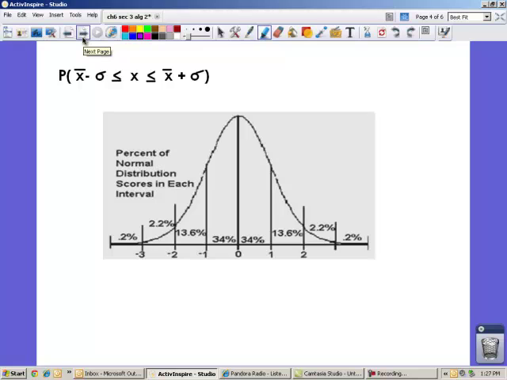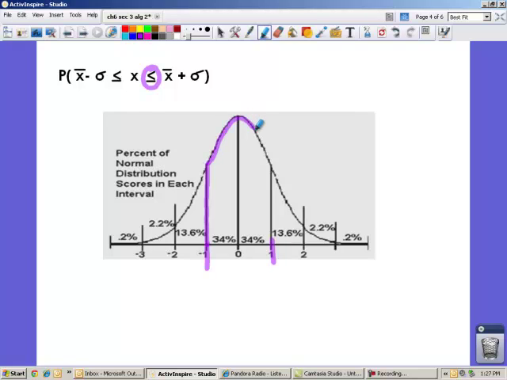This one we're talking about more than the mean minus the deviation. So the mean minus deviation, that would be right here. And we're talking about more than that, so it would be from this line all the way over. But if you notice this symbol here, it has to stop at the mean plus 1 deviation, which would be right here.